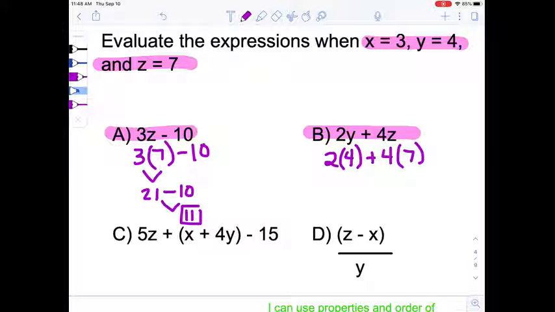Now I have 2 sets of multiplication, and before I can add them together, I have to multiply both. So I have 2 times 4, which is 8, plus 4 times 7, which is 28. And now I just have addition, so I can add those together. 8 plus 28 gets me 36. And I circle or I box my answer.